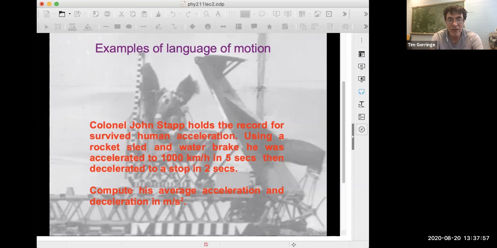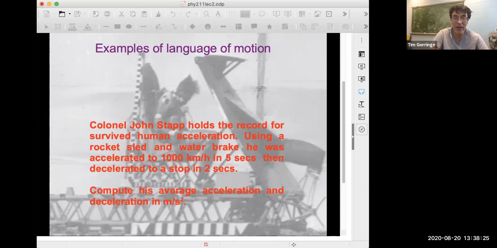And then he was decelerated from 1,000 kilometers per hour to rest in 2 seconds. So you can imagine these are very big accelerations and decelerations. 1,000 kilometers an hour is very fast. That's the scale of speeds of planes. And he got there in 5 seconds and he stopped in 2 seconds.